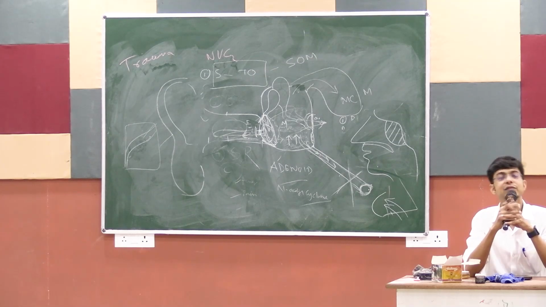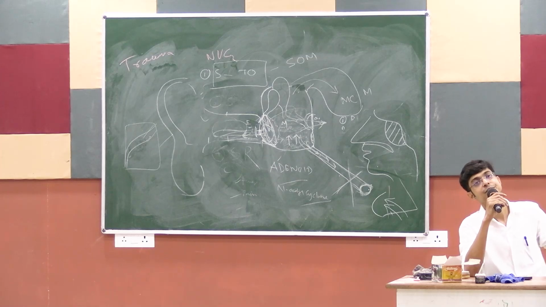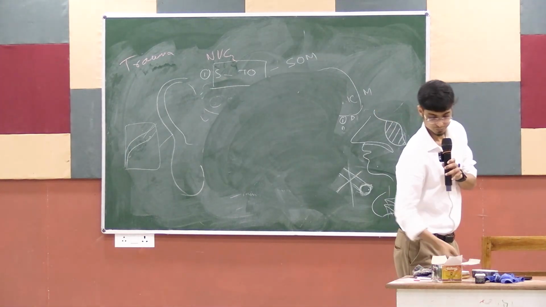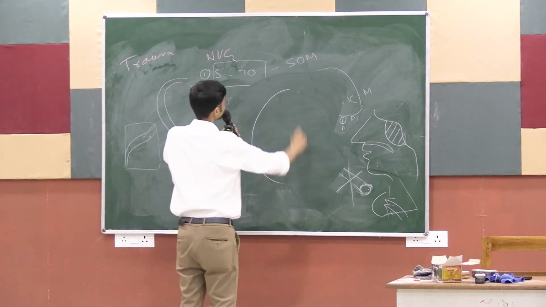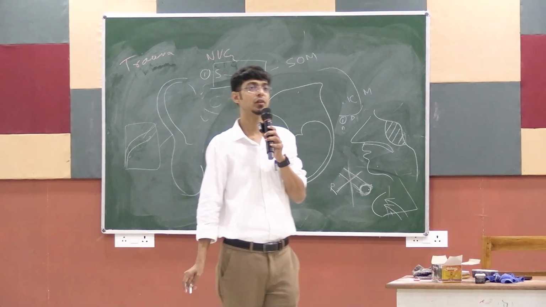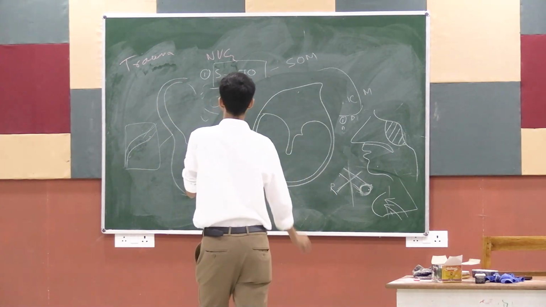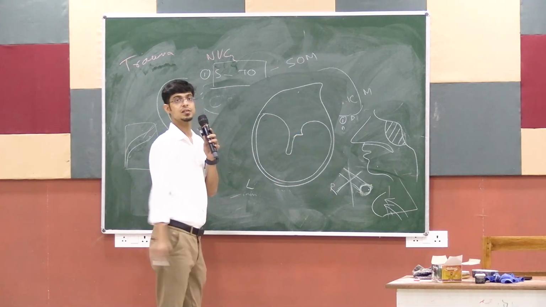And the second way of classifying it is where the problem is. So now, if you see, say this is the eardrum. Which side eardrum is this? Left or right? Right. Why? Because this is towards right.